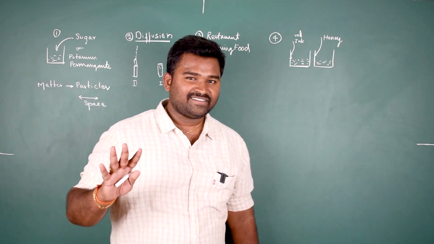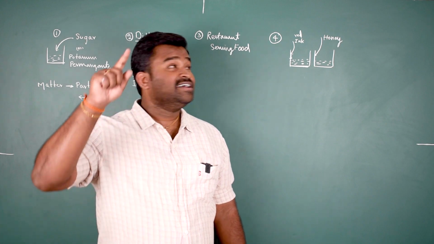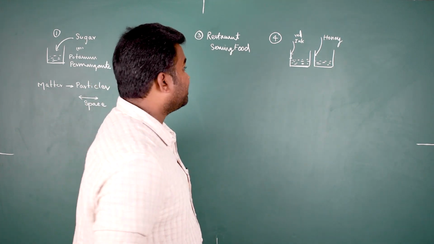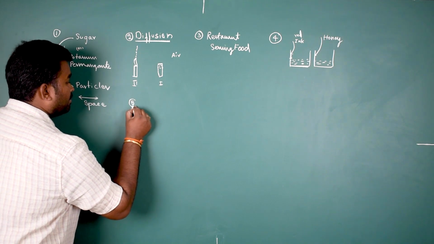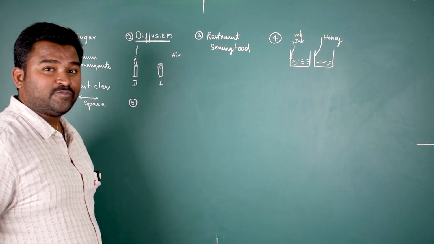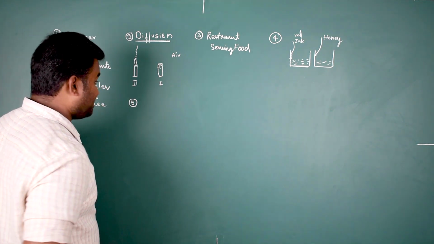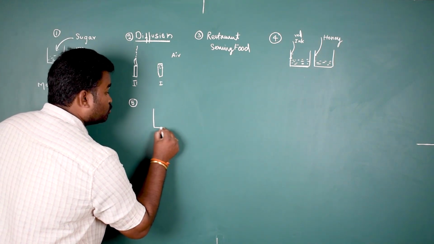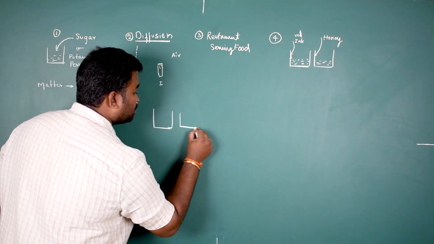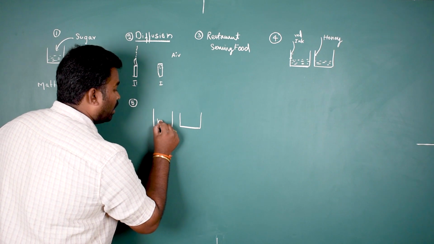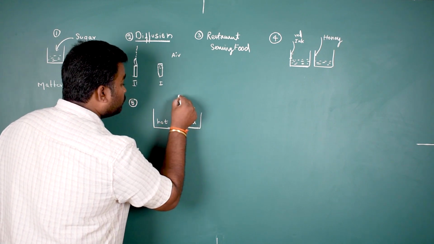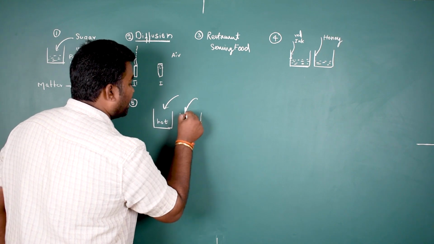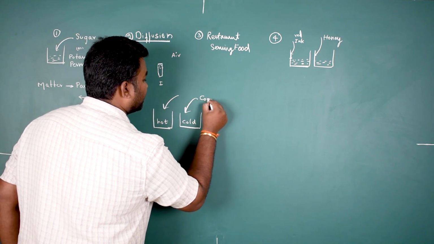You understand this? And we will see one more experiment, that is the fifth experiment. In this experiment we will try to understand by taking two beakers filled with water. One is hot and one is cold water, and into these beakers we are adding copper sulphate.